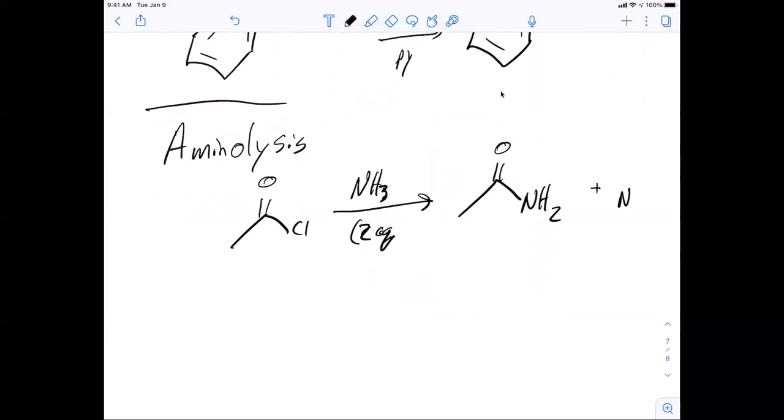The other equivalent turns out to be the proton sink, right? So we end up with this as our other byproduct, the salt. I could have done the other ones, the alcohol and the water, with just one equivalent. Usually you do it with an excess, but in the case of the amine, it is important that you have at least two.